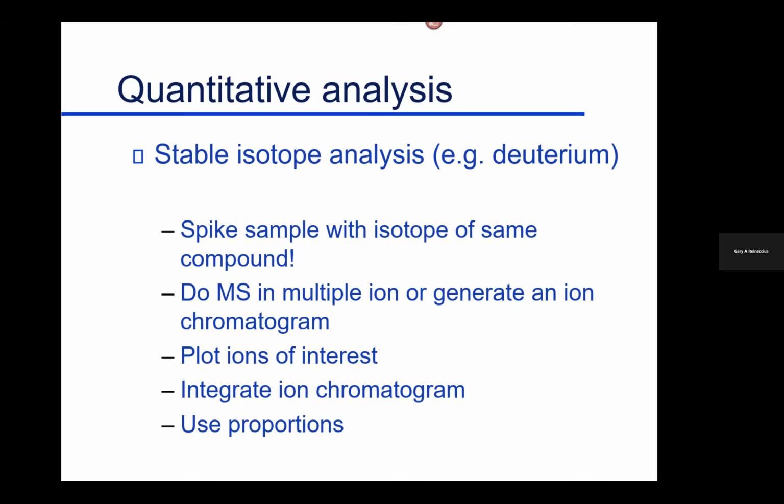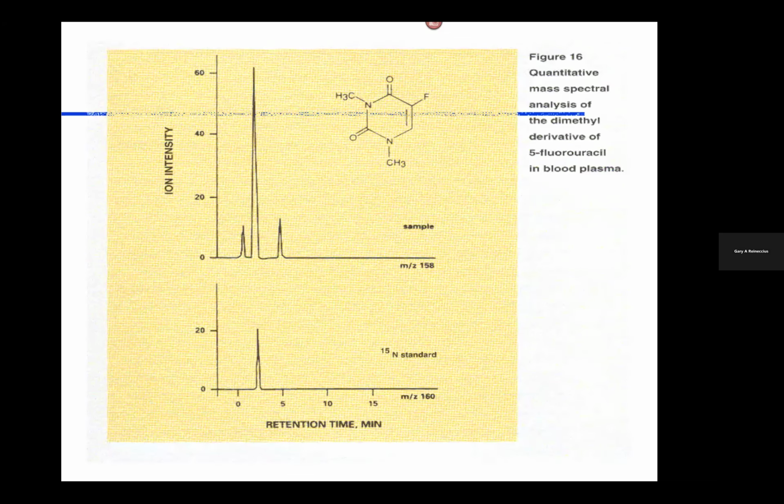You can make a reference compound that's the identical molecule but with a little more mass put on it. So you can use the same compound with some deuterium to monitor your compound that doesn't have deuterium. The mass spectrometer follows this along as it goes through the run.